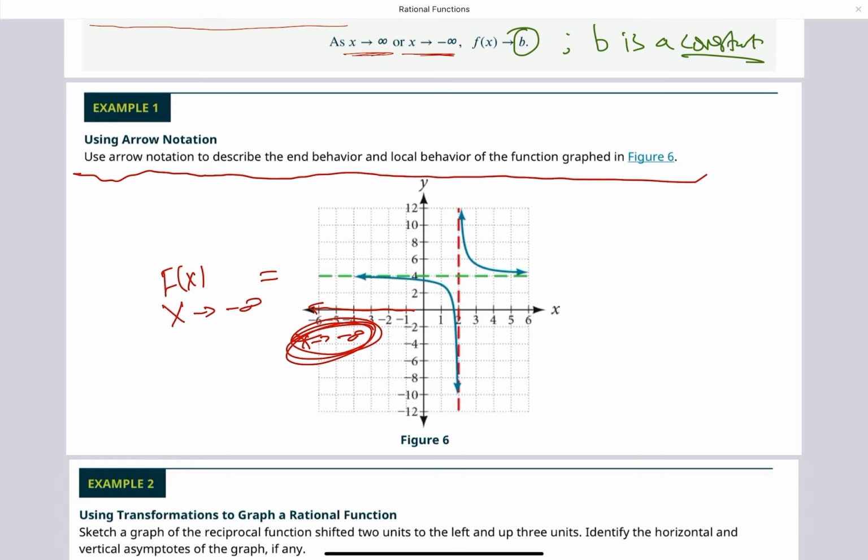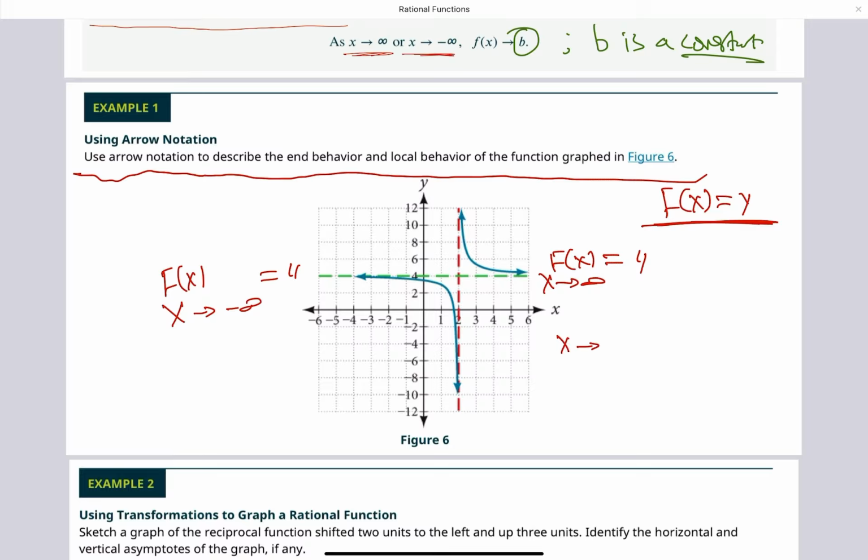The y value equals 4. Now, as x approaches infinity, what is f of x equal to? Which means y. I told you this at the very beginning of this year, that f of x equals y. So we have this, which equals 4.